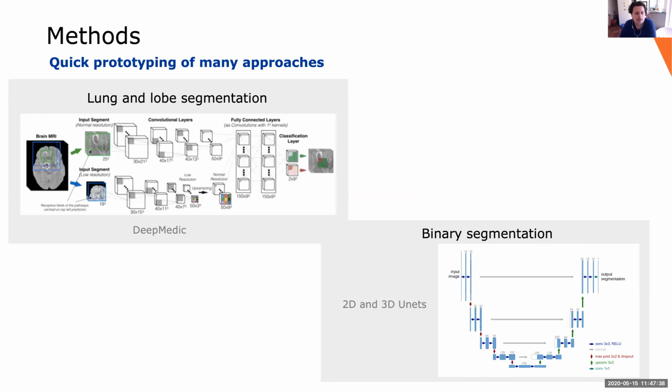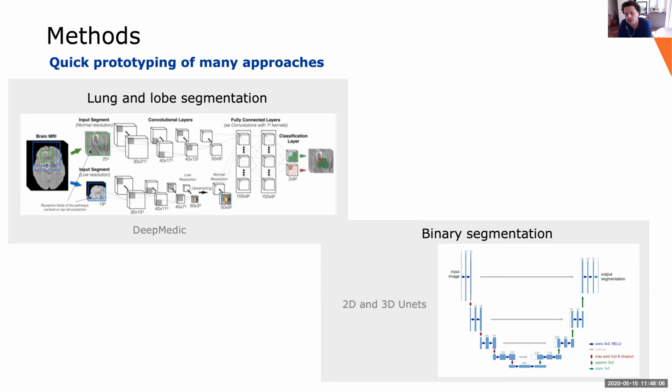So this is some examples of what we did for lung and lobe segmentation. We're still improving that by gathering more manual annotations of lungs and lobes, and we use DeepMedic, which is a known deep convolutional neural network. And then we started off by doing binary segmentation. That was the first iteration of the icolung product. We looked both at 2D and 3D unets.